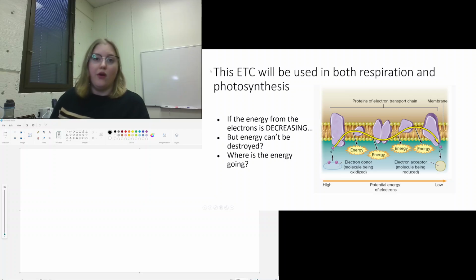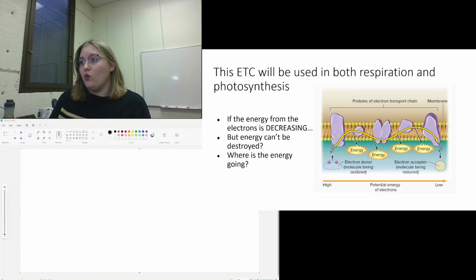Okay, now, something that is very important when we talk about photosynthesis and respiration is our electron transport chain. An electron transport chain is a series of proteins embedded in a biological membrane, and this is usually occurring in an organelle.